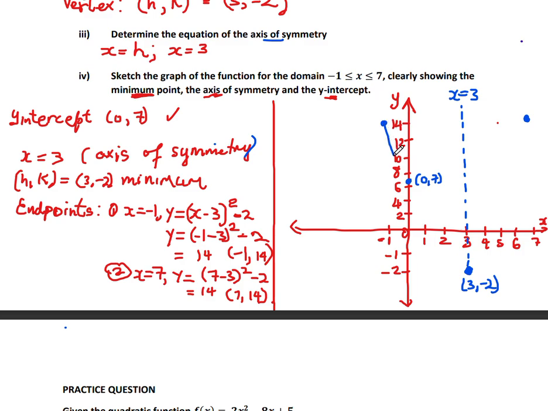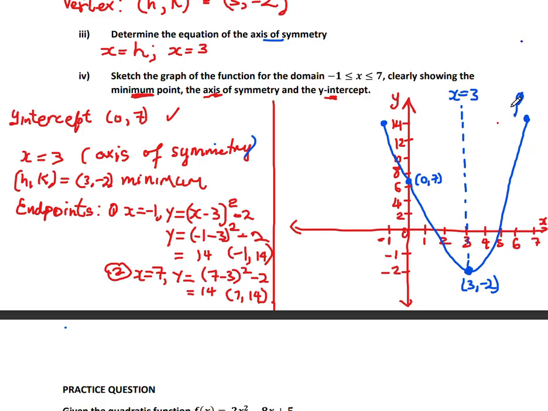I'm going to draw from there, pass through the y-intercept, and go down to the turning point. And then, having gone down to the turning point here, we will turn upwards and go up to the other endpoint on the other side of the symmetric parabola that we have constructed here.